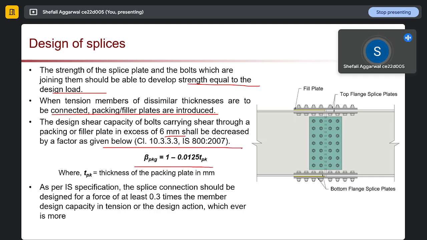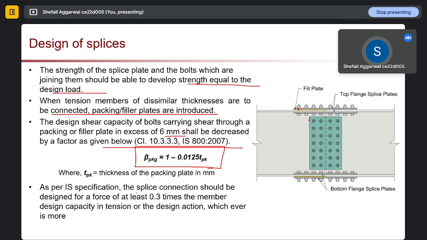We use this factor beta pkg, which is equal to 1 minus 0.0125 tpk, where tpk is the thickness of the packing plate we are using. This is our plate.